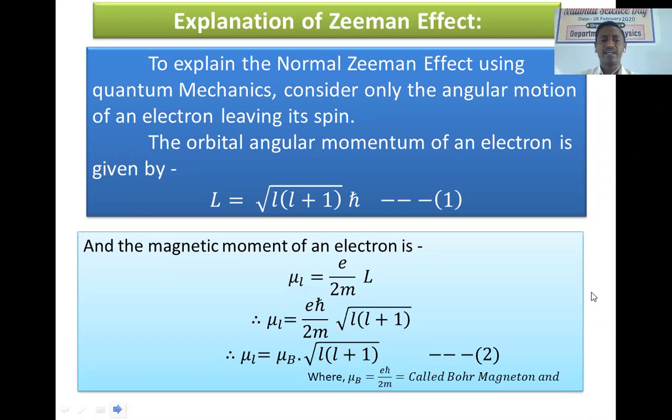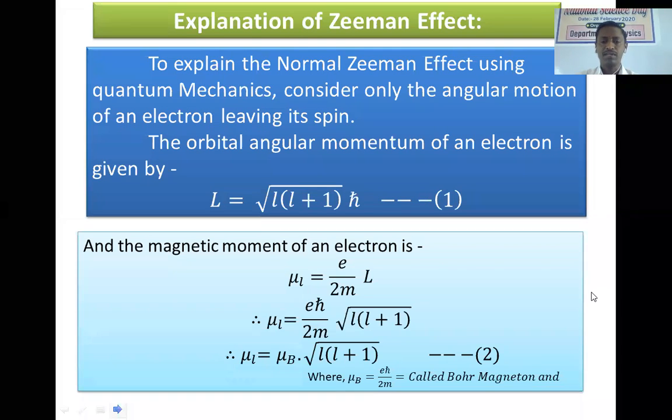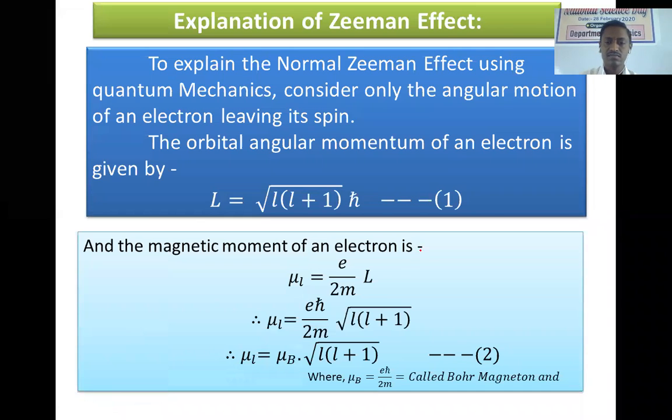The magnetic moment of an electron is always equal to the gyromagnetic ratio times the orbital angular momentum. So put the value of capital L from equation number 1. Hence we can write mu equals e h cross upon 2m into under root of l(l+1).